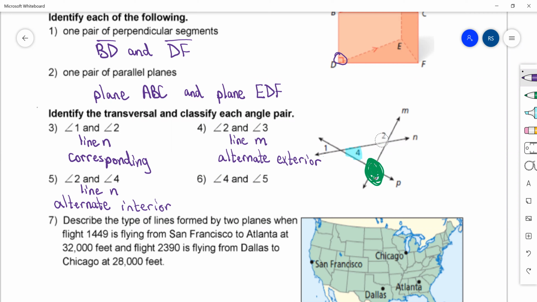And then last but not least, we want to look at 4 and 5. We don't need this intersection, so cover it up. What's our transversal? Line P. Now, what kind of relationship do 4 and 5 have?